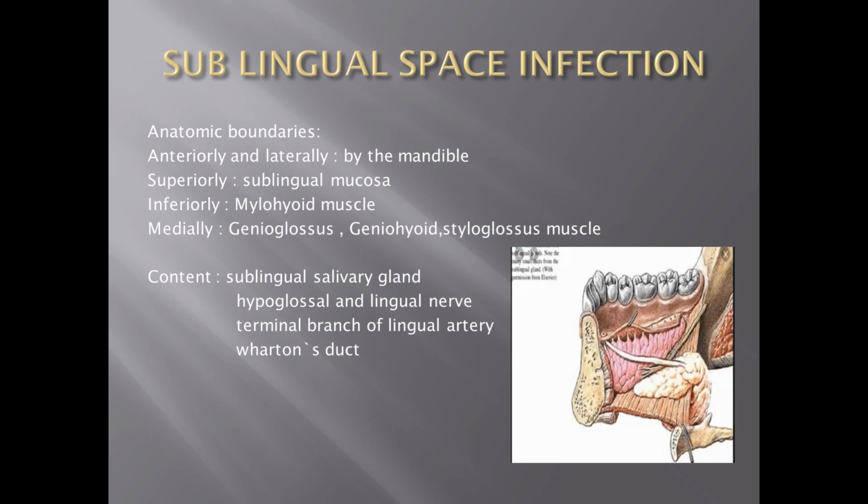Sublingual space infection. Anatomic boundary: anteriorly and laterally by the mandible, superiorly sublingual mucosa, inferiorly by mylohyoid muscle, medially genioglossus, geniohyoid, styloglossus muscle.